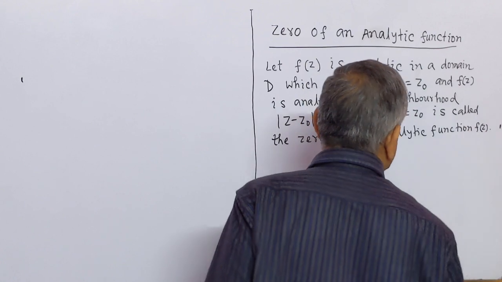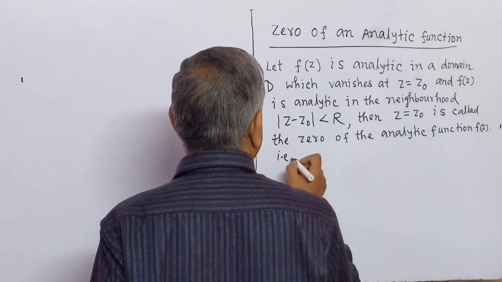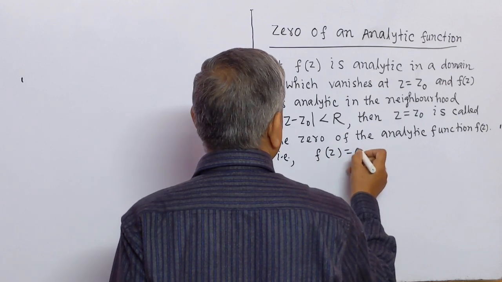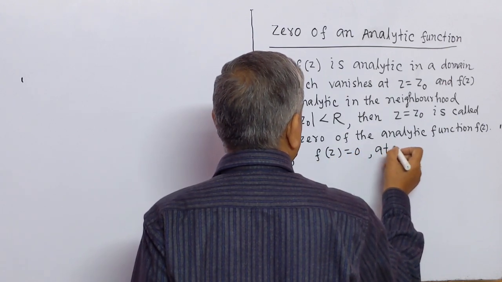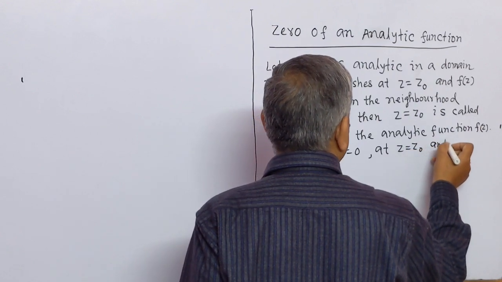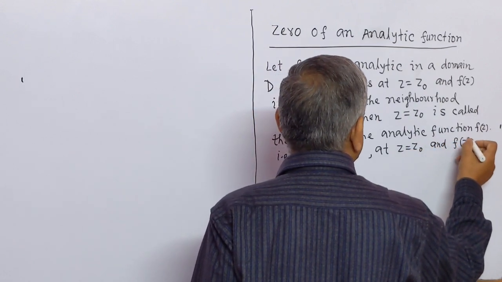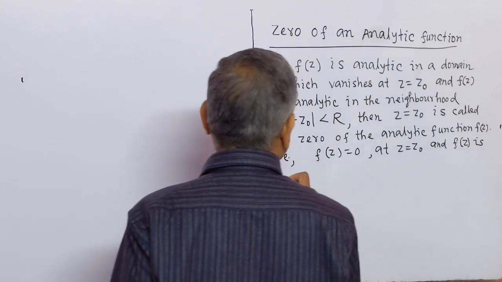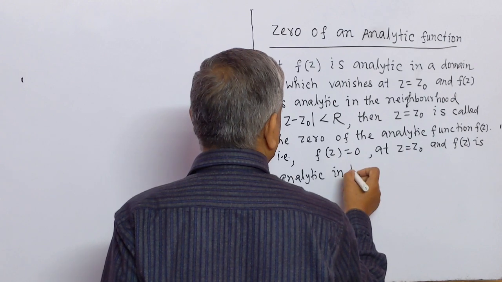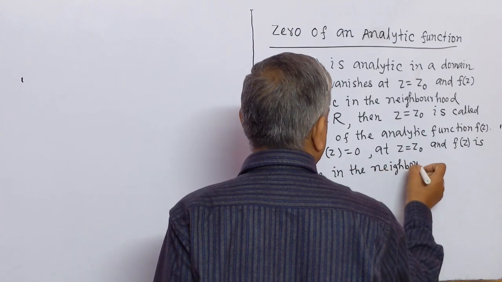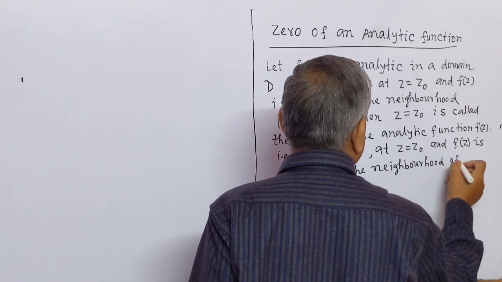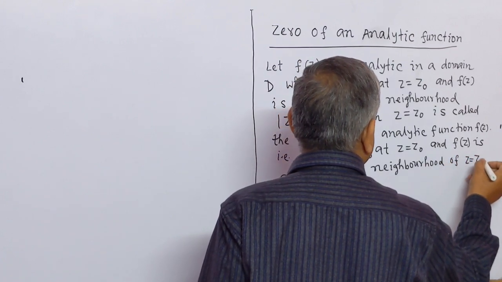That is, f(z) equal to 0 at z equal to z naught and f(z) is analytic in the neighborhood of z equal to z naught.